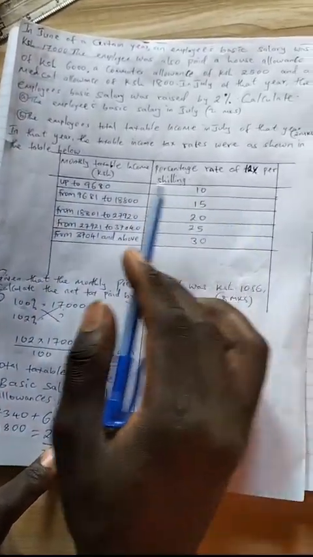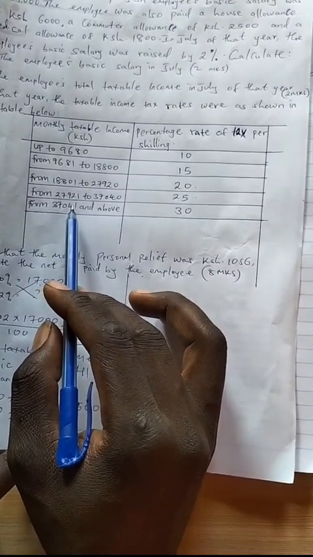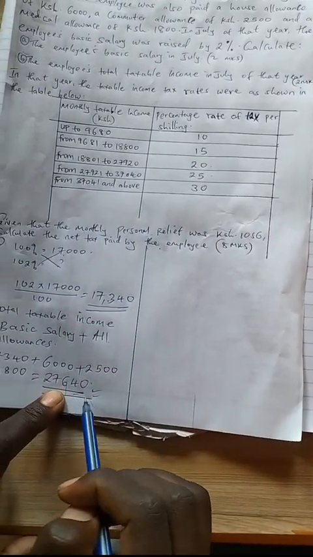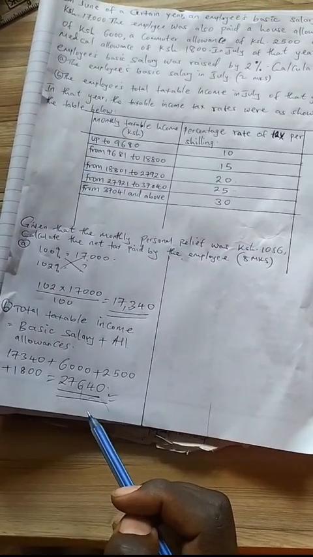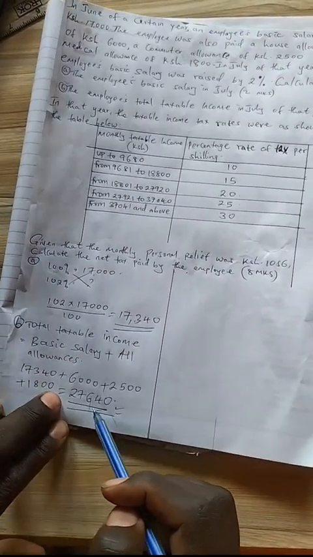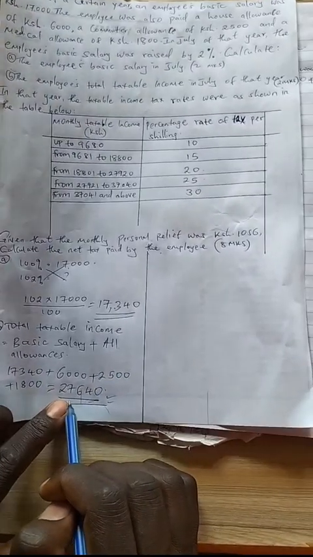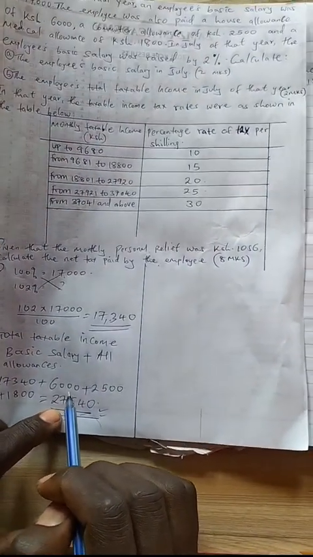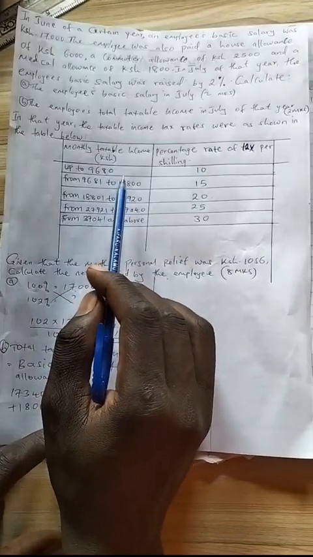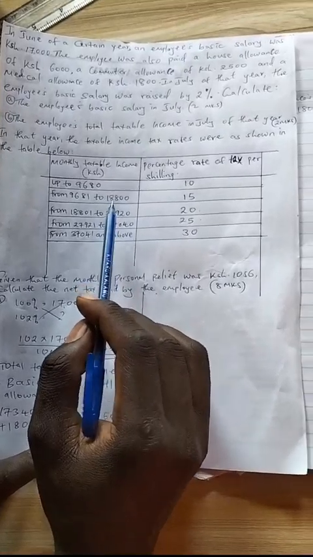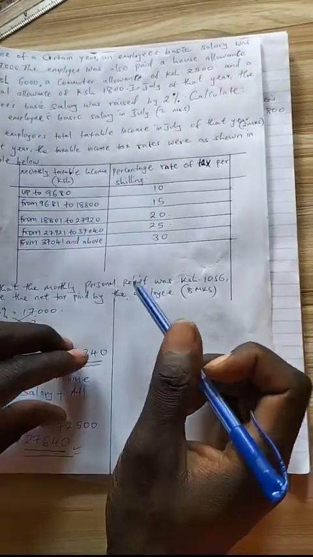We have several bands here up to 37,041, but our total taxable income does not go up to that point. So we look at where our total taxable income reaches in the tax bands shown in this table. We start with the first band.